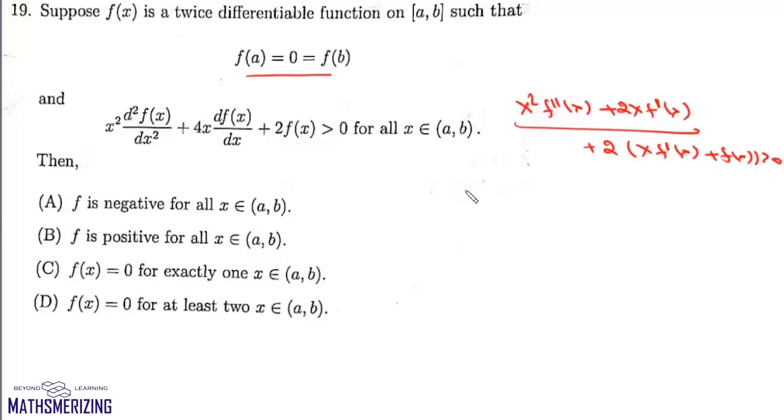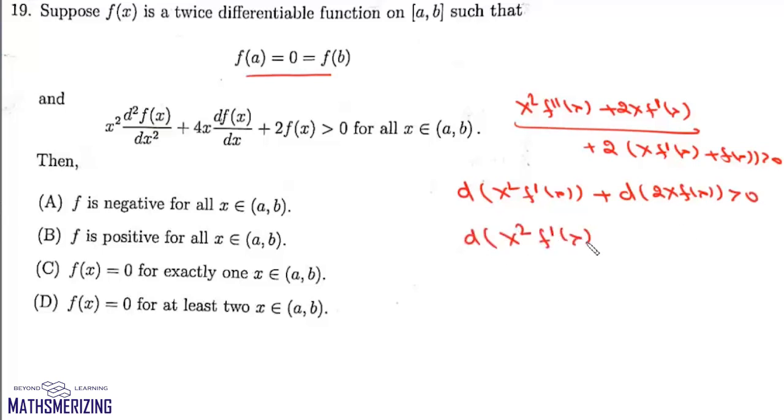Now this is d by dx of x square f dash x, and this is d by dx of 2x f(x), and it will be greater than 0. We can also write this as d by dx of x square f dash x plus 2x f(x), it is greater than 0.